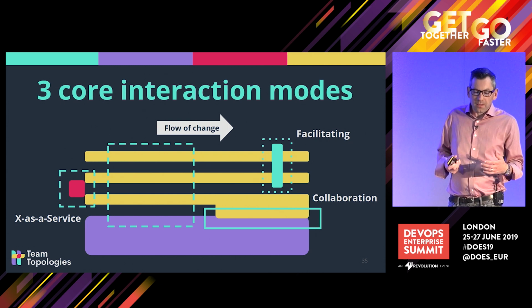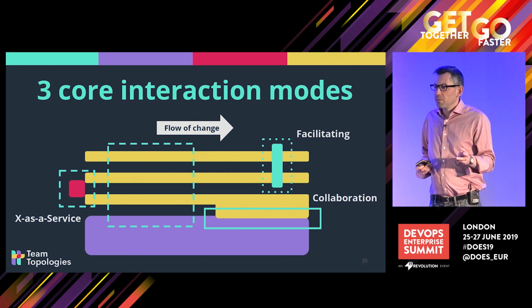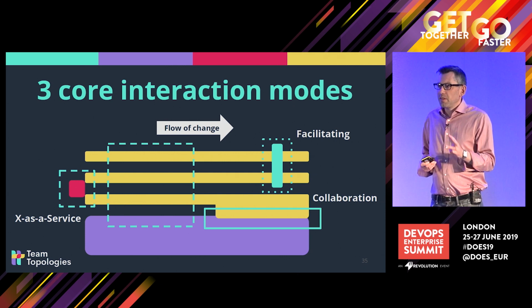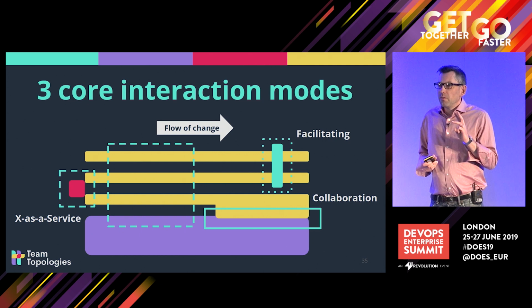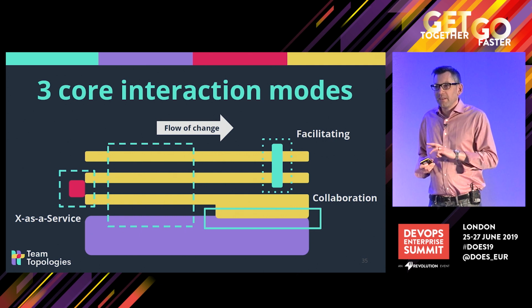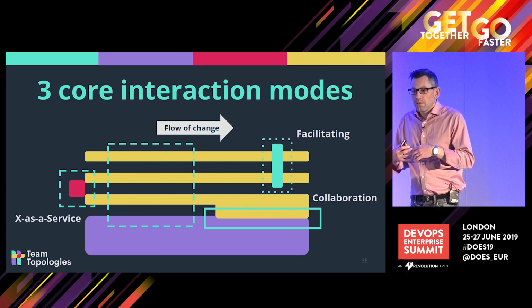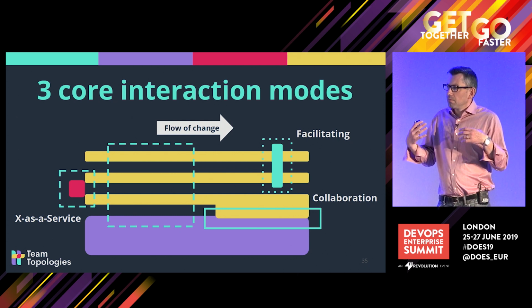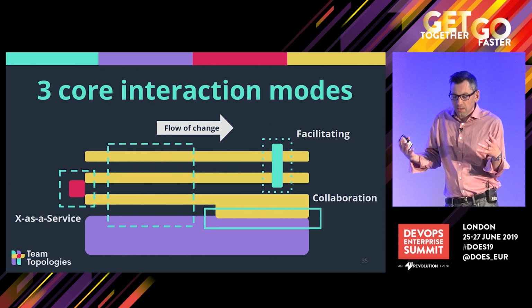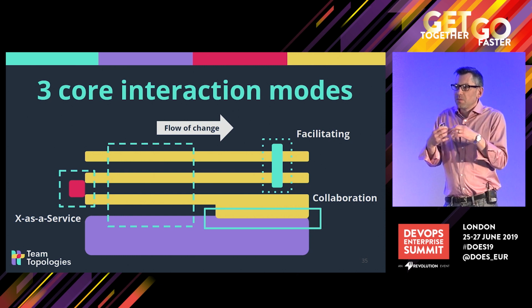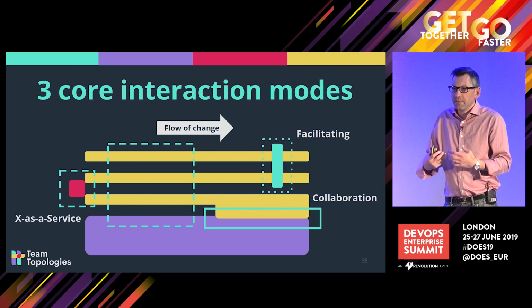So what we've defined is just 3 interaction modes. Part of their purpose is to help reduce confusion and effectively reduce irrelevant cognitive load, so that it's easier for teams to understand how they should be operating effectively.